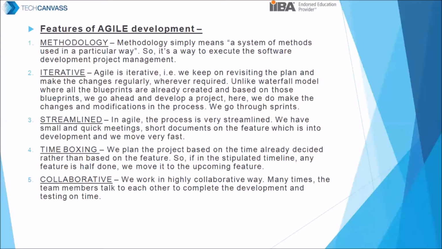So one of the case studies I would say, which I have seen in one of my organizations, was that initially the people were using agile. They were saying they are using agile methodology, but actually it was not being used in that effective way.